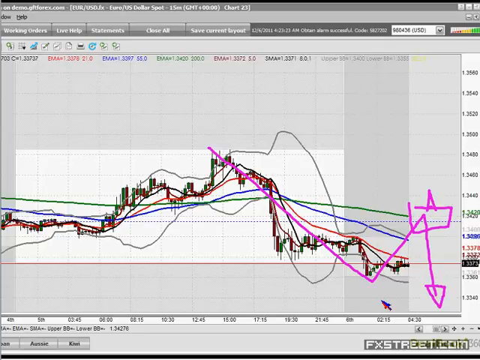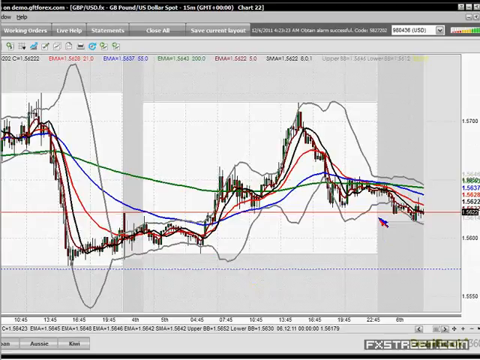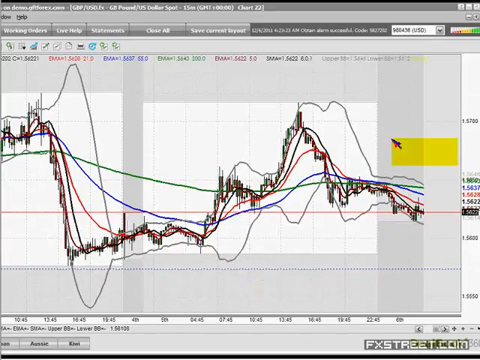So now I'm doing other stuff. I'll go watch TV. I'll do this across all the pairs. I'll do the same sort of thing on the pound.